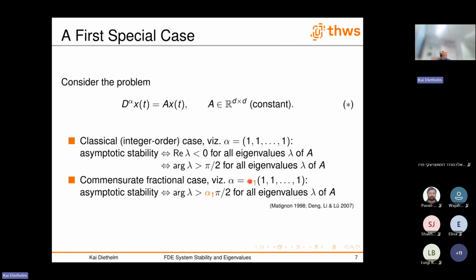And in that case, this criterion for asymptotic stability, which we have here in terms of the argument of the eigenvalues of the matrix A, immediately generalizes. We now have to demand that the argument is bigger than not pi over 2, but alpha 1 times pi over 2. So that's a very straightforward generalization, and it's well known. It's been discussed for almost 30 years now.